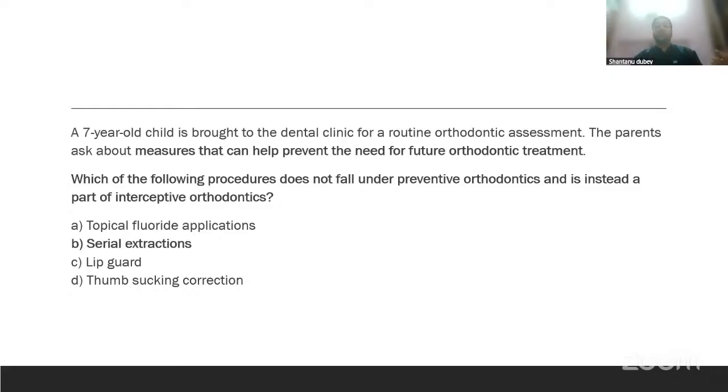It's vice versa. You have to identify the process that is introduced when the malocclusion is seen by the dentist and you try to intercept it. That is the process we have to highlight.